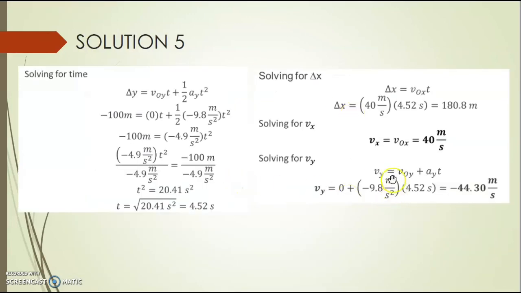And solving for Vy, we're going to be using this formula for acceleration. So final is equal to initial plus at. Since initial is 0 for the vertical component, we have our Vy as negative 44.30 meters per second.